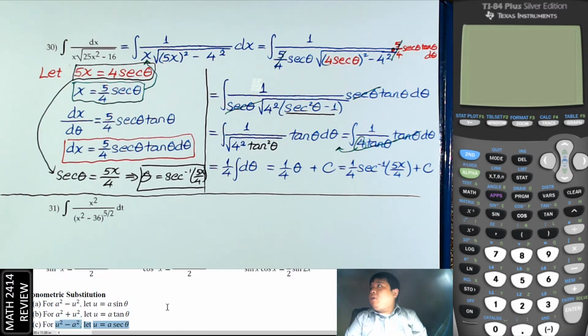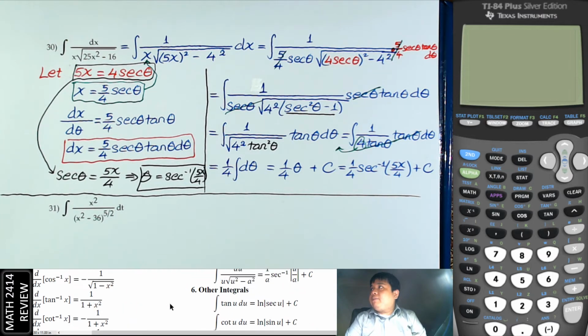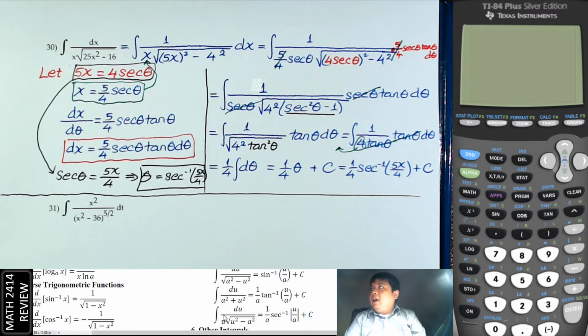Right, of course we can also go back and use this form where a is 4 and u is 5x.